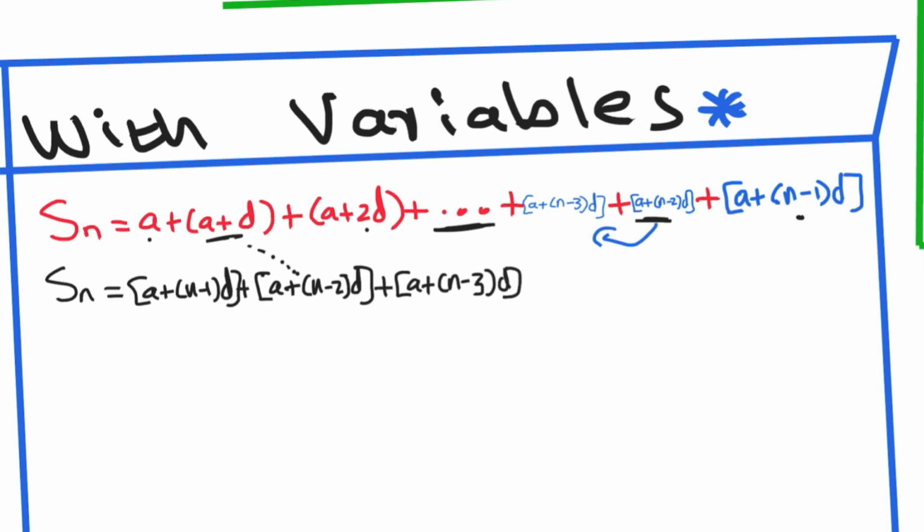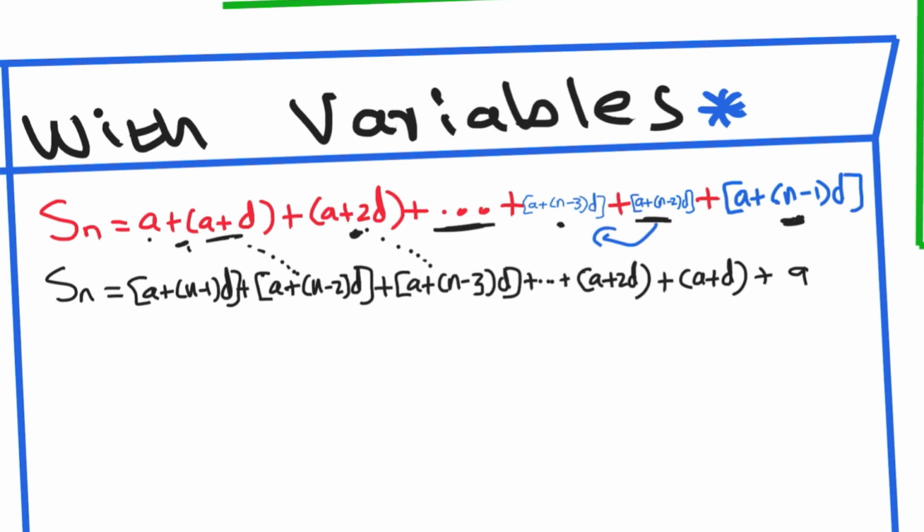Then I close. Then it's plus 3 dots plus, and then it's going to be this one under this. So it's going to be a plus 2d, and then a plus d, and then the first under the last, a. Clear? So you are just writing them from the last to the first.